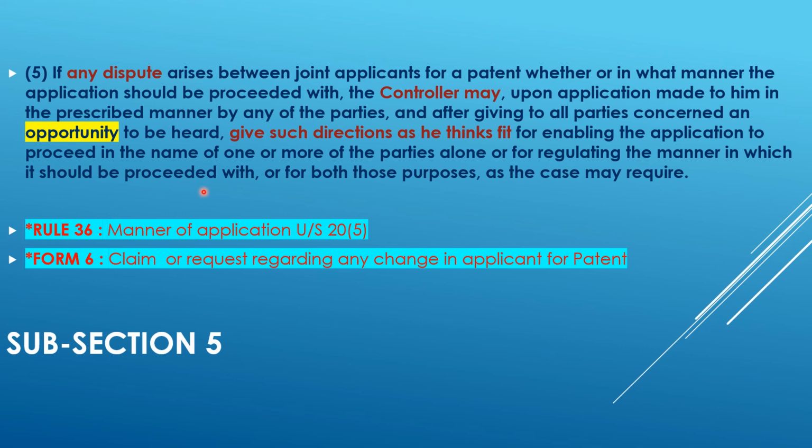Fine. So this is the simple meaning. The related rule is rule 36, manner of application under section 20 subsection 5, and form 6 is claim or request regarding any change in applicant for patent. Okay friends, this way subsection 5 is also completed.